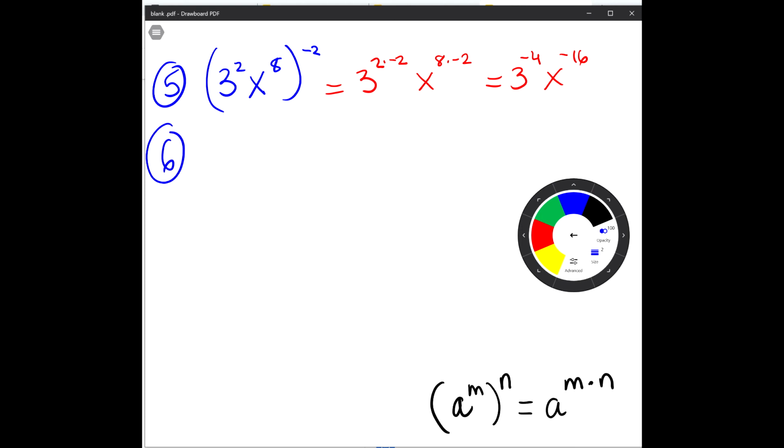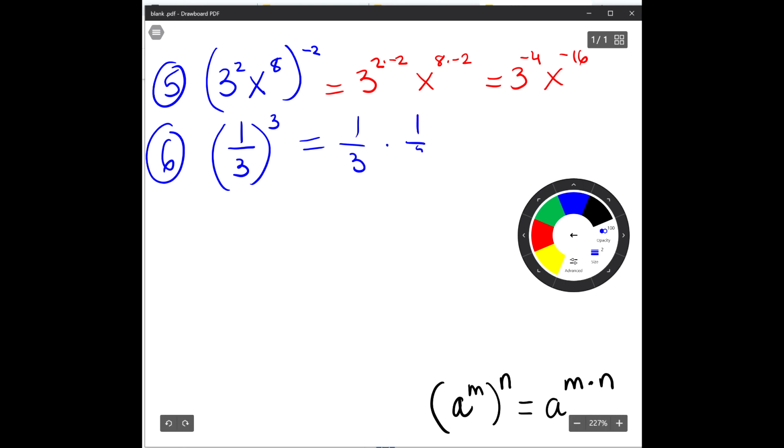I have 1/3 to the 3rd power. So for this one, it's a little bit different, but keep in mind, 1/3 cubed means we have 1/3 times 1/3 times 1/3, and it gives you 1/27.